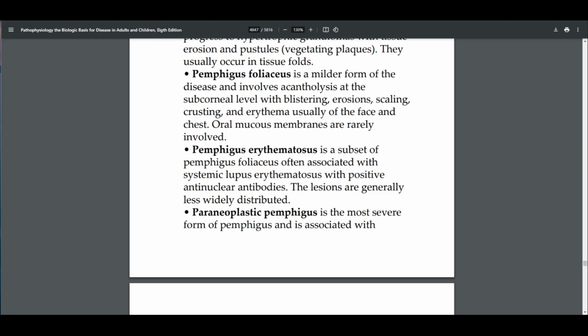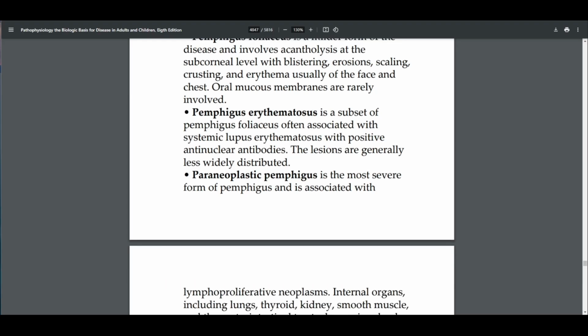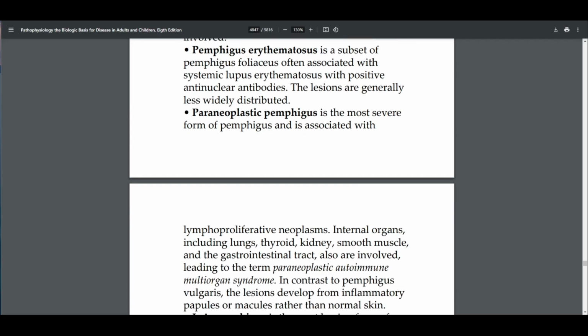Oral mucous membranes are rarely involved. Pemphigus erythematosus is a subset of pemphigus foliaceus, often associated with systemic lupus erythematosus with positive antinuclear antibodies. The lesions are generally less widely distributed.